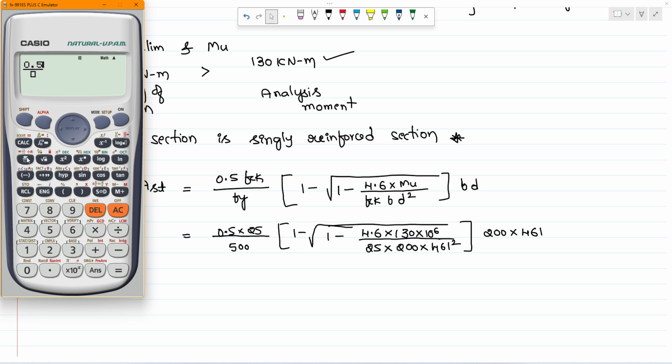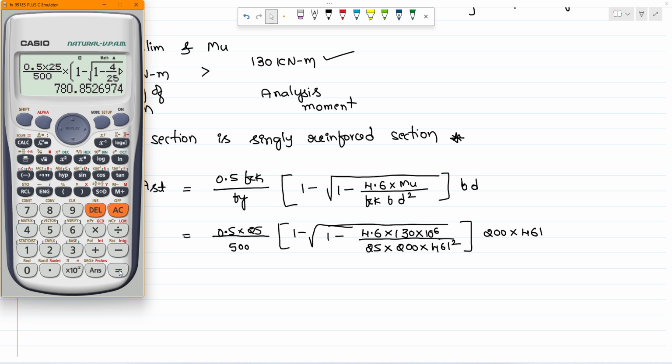So let me calculate the area of steel. First it is 0.5 into 25 divided by 500, into 1 minus square root of 1 minus 4.6 into 130 into 10 power 6 divided by 25 into 200 into 461 square, into 200 into 461.